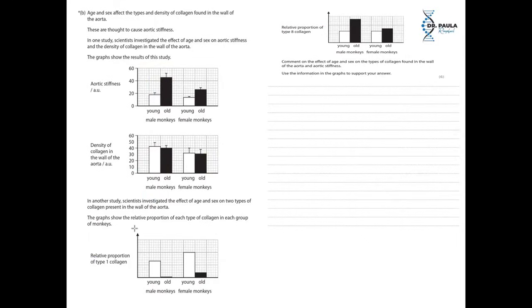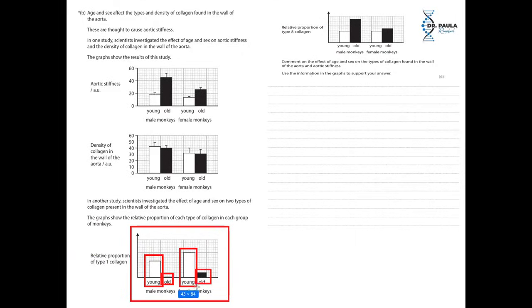Then we can go to the proportion here. The proportion of collagen type 1, as you can see, is decreasing rapidly by age. In old, it's much less than the young, whether in male or female.